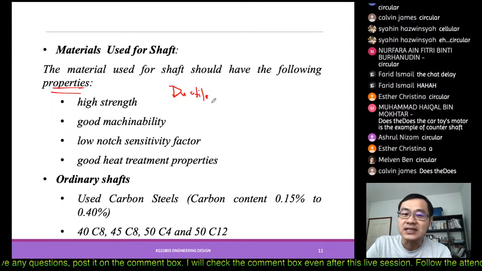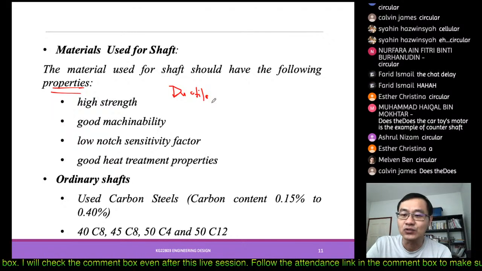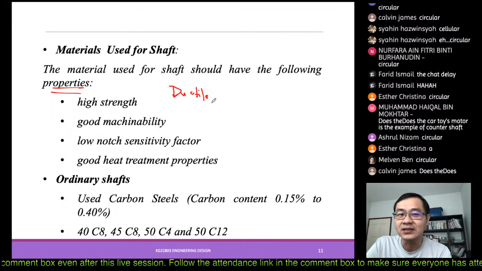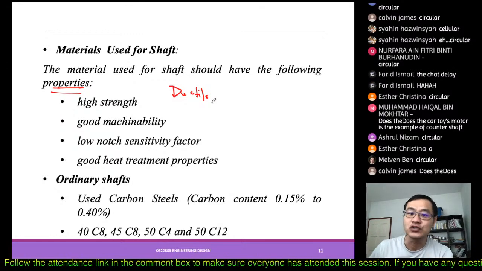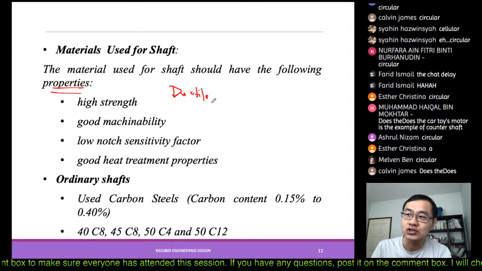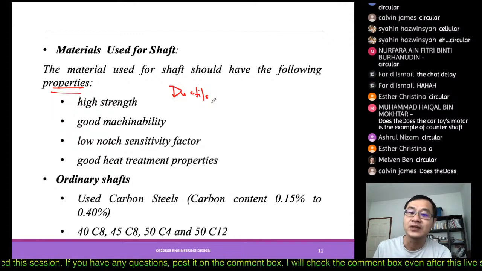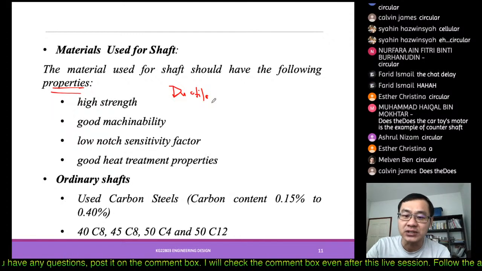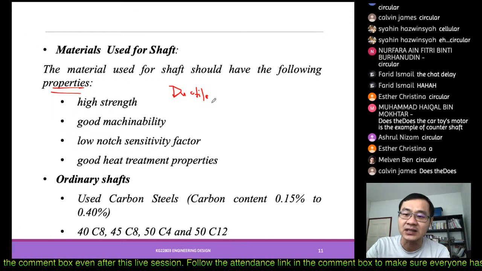Still there are some brittle shafts, due to maybe the needs, the aesthetic or other things. But generally we will use ductile material, and the material that we choose should generally be high strength, with good machinability. We can machine it to form different diameters and radii of the shaft at different sections.